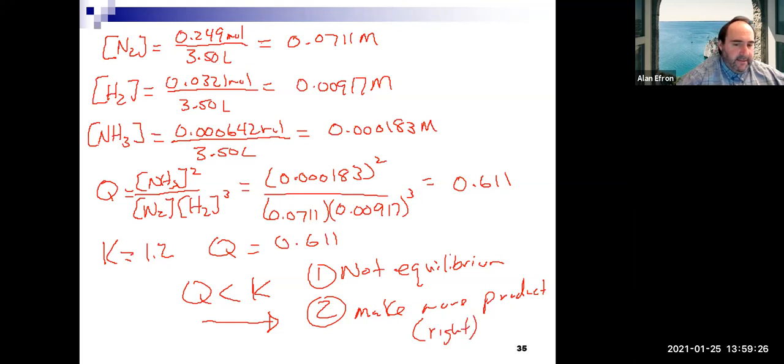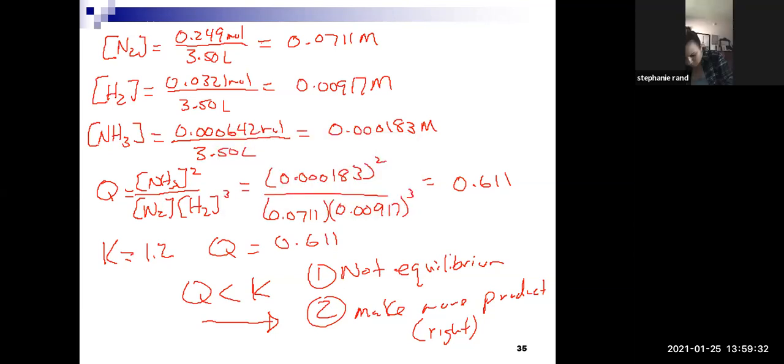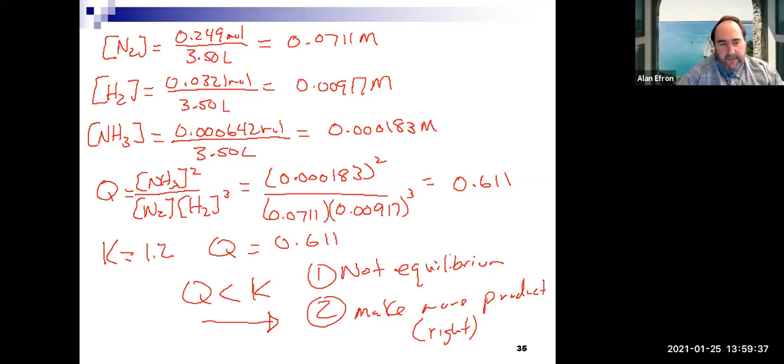Question on that? Question on where any numbers came from or anything? So this I would classify as a really sort of straightforward Q type problem where that is ultimately what you're trying to figure out. So if you come across a problem where it says, hey, is this system at equilibrium?